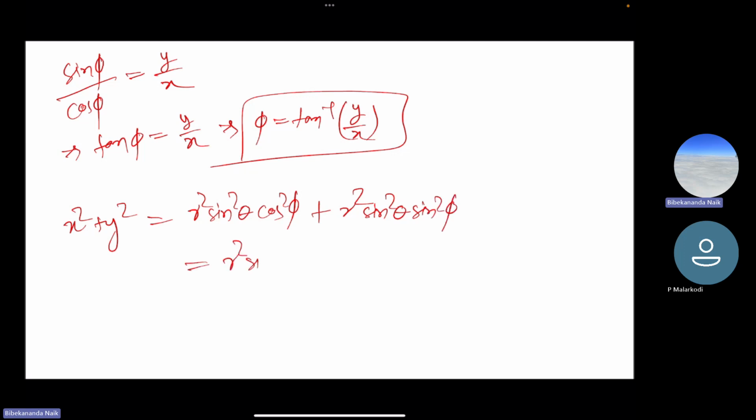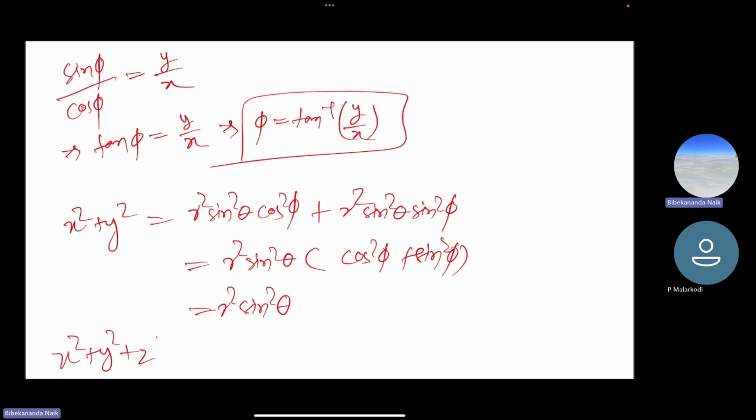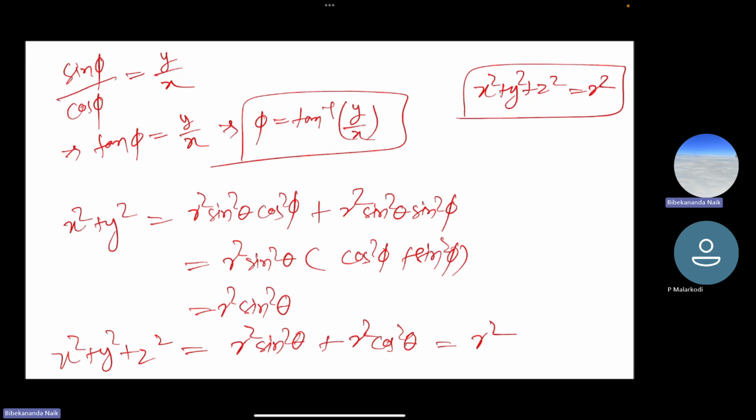So taking r square sin square theta as common, cos square phi plus sin square phi is 1, so it will be r square sin square theta. So x square plus y square plus z square will be r square sin square theta plus r square cos square theta, that is equal to r square. So another formula is x square plus y square plus z square equals r square.